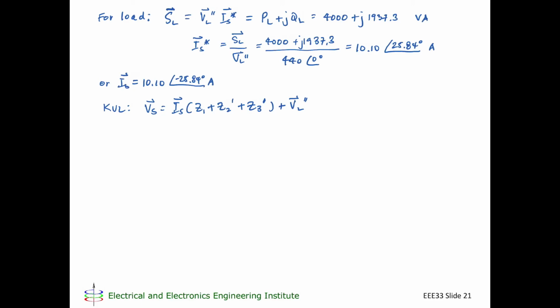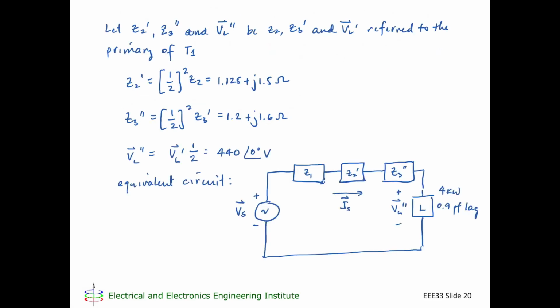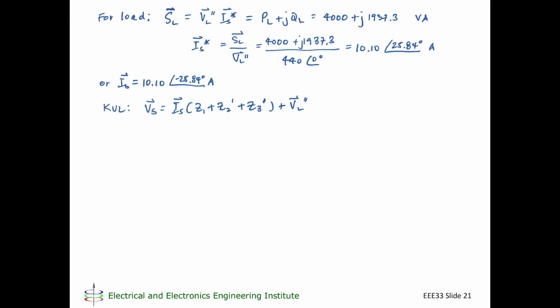If I just feed in these values in my calculator, since I know Is, Z1, Z2 prime, Z3 double prime, and VL double prime, I'm going to get 495.10 at an angle 2.52 degrees volts. Again, this is identical to what we computed using the first approach.